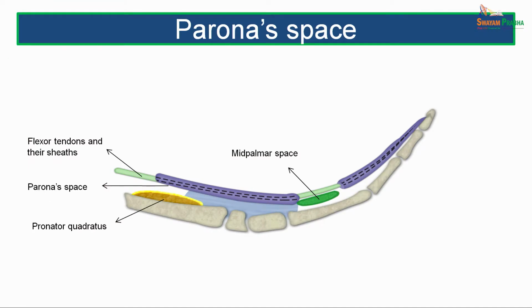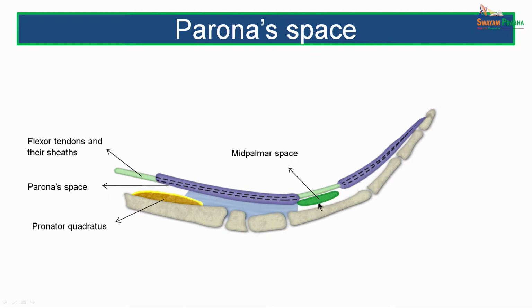This shows us a section through the lower part of the forearm and the digit to show a clearer view of the space of Parona. What we see here are the phalanges, the metacarpal bone, the carpals and the lower part of the forearm bone. The flexor tendons going towards the digit are seen here along with the synovial sheet.